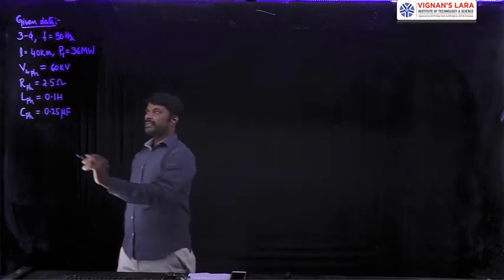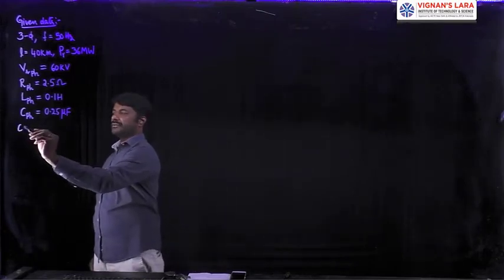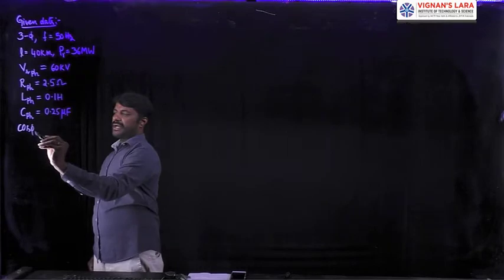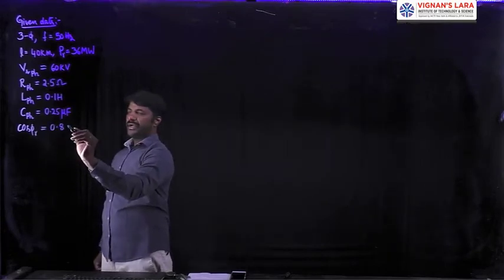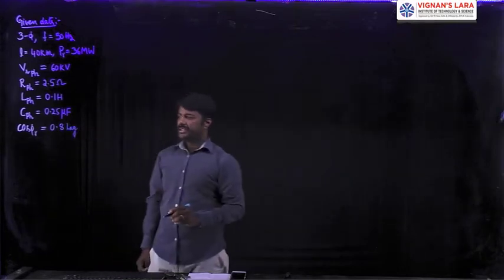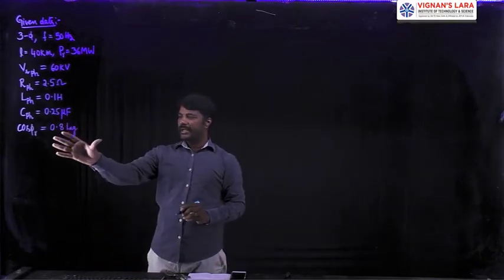And the power factor of the load is given, cos phi r on the receiving end side. Its value is 0.8 pf lagging. That is, it is delivering the power to an inductive load.